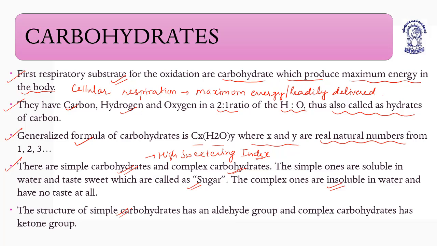The structure of simple carbohydrates has an aldehydic group and the structure of complex carbohydrates has a ketonic group. Please remember that carbohydrates are of two types, aldoses and ketoses. So the complex ones are ketonic sugars and the simple carbohydrates are aldose sugars. Understood?